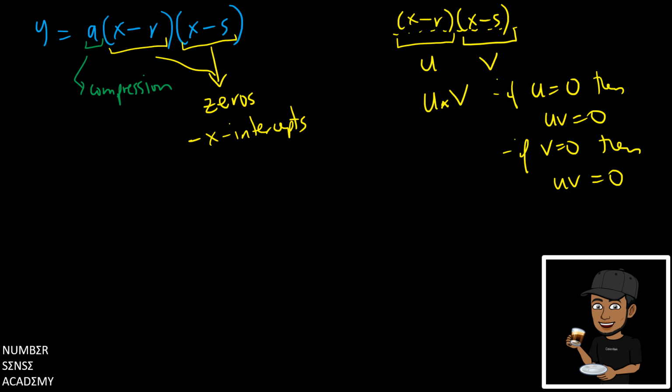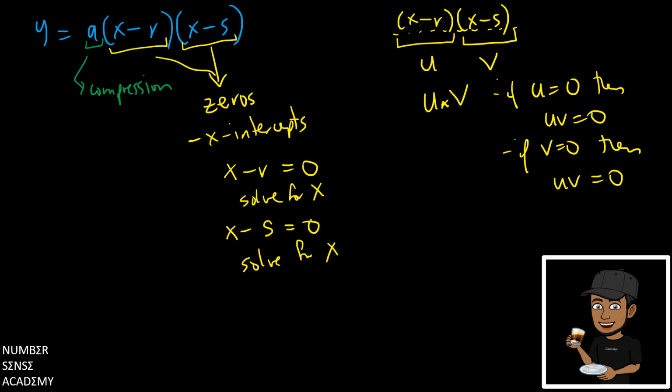The way we do that, we take x minus r equal to 0 and solve for x, and we take x minus s equal to 0 and solve for x. So we're going to solve for x in both situations.